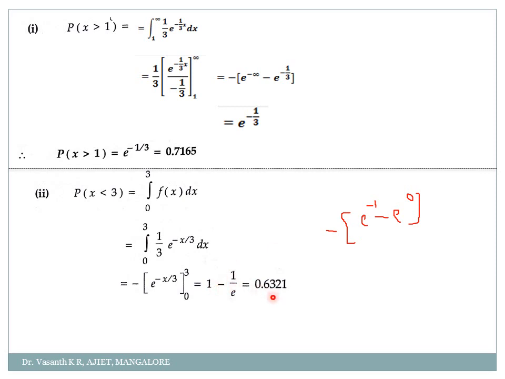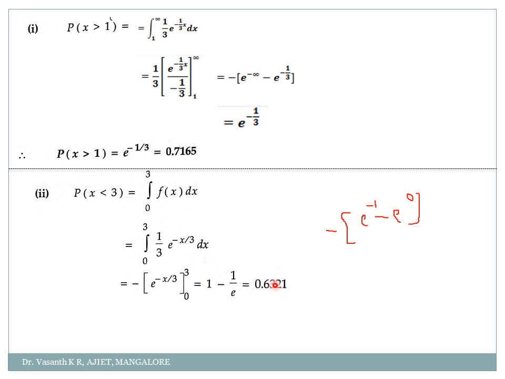When I apply my upper limit 3, 3 and 3 will get cancelled, e to the power minus 1 minus e to the power 0. So what is e power 0? 1. So when I multiply this minus sign, minus into minus is plus, so e power 0 is 1, I have written 1 first. Then minus into plus is minus, so minus e power minus 1 is simply 1 by e. So 1 minus 1 by e is equal to 0.6321.